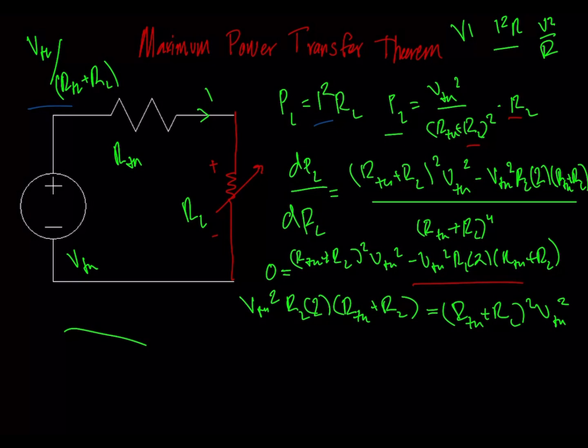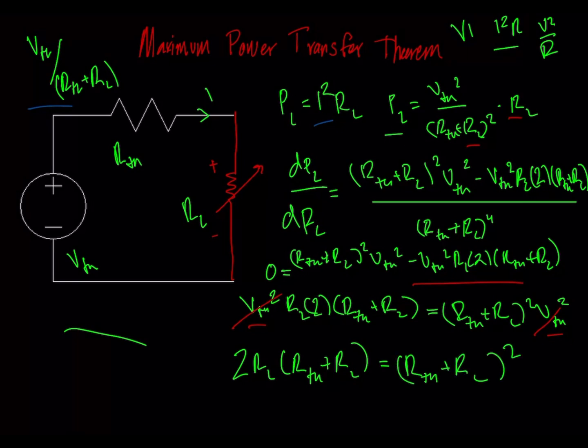We can solve for the value of RL here. So we see V Thevenin squared appears in both these, so these will just cancel out. We can divide that out, and we're left with 2RL times (R Thevenin plus R load) equals (R Thevenin plus R load) squared.